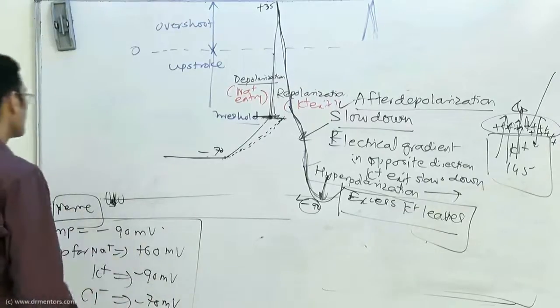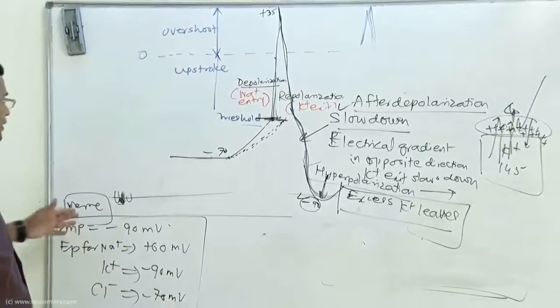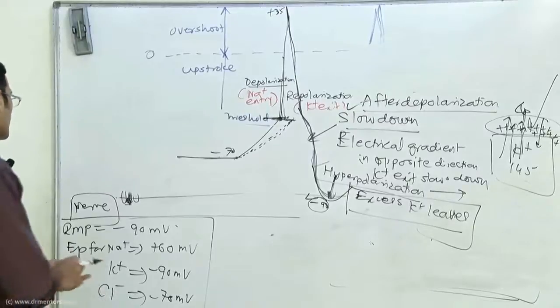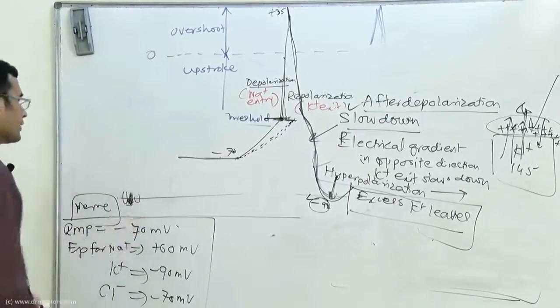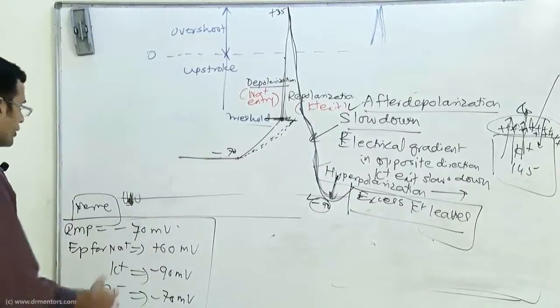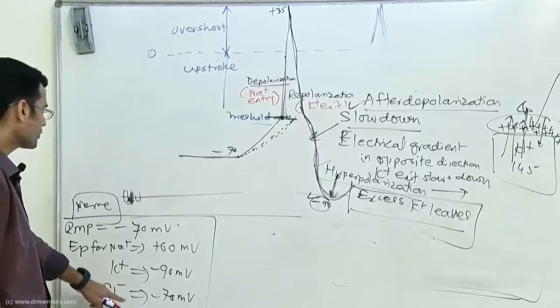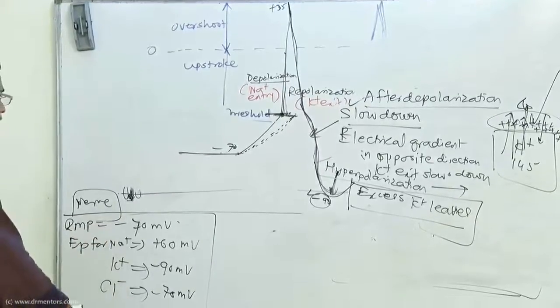So MCQ: equilibrium potential for which ion is closest to the RMP of the nerve? One would have thought the answer, okay, just a correction, RMP is minus 70 for the nerve. One would have thought that equilibrium potential for chloride is minus 70 and RMP of the nerve is minus 70.